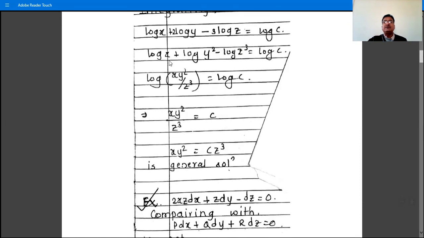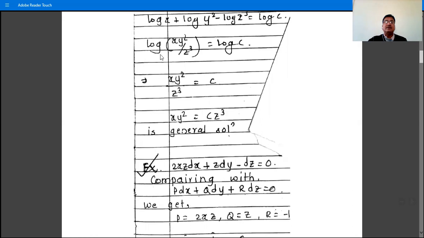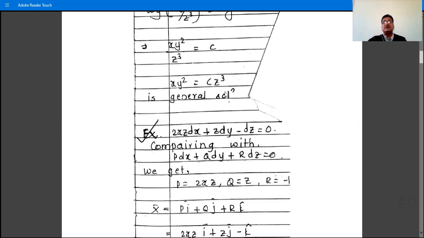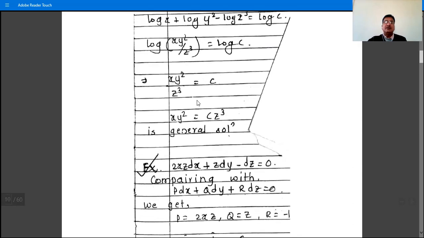Log a plus log b is log ab, and log a minus log b is log a/b. So we have log of x y squared divided by z cubed is equal to log c. Cancel the log on both sides: x y²/z³ = c, or x y² = c z³. This is the general solution, also called the complete integral of the given differential equation.